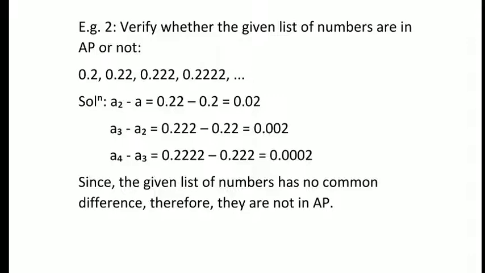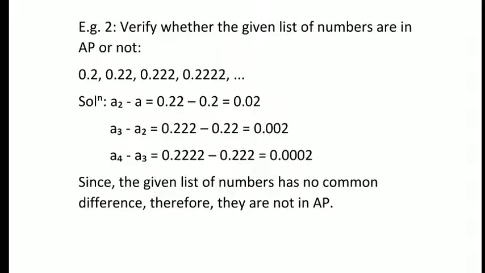For verification, first of all we check the difference between the consecutive terms of the given list of numbers. Second term minus first term: 0.22 minus 0.2. I think you know how to calculate the difference between decimal numbers easily. This is equal to 0.02.